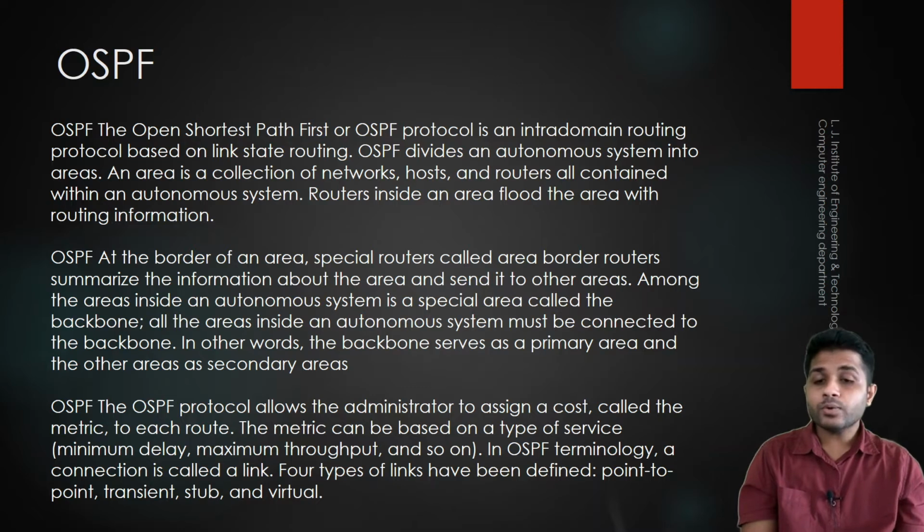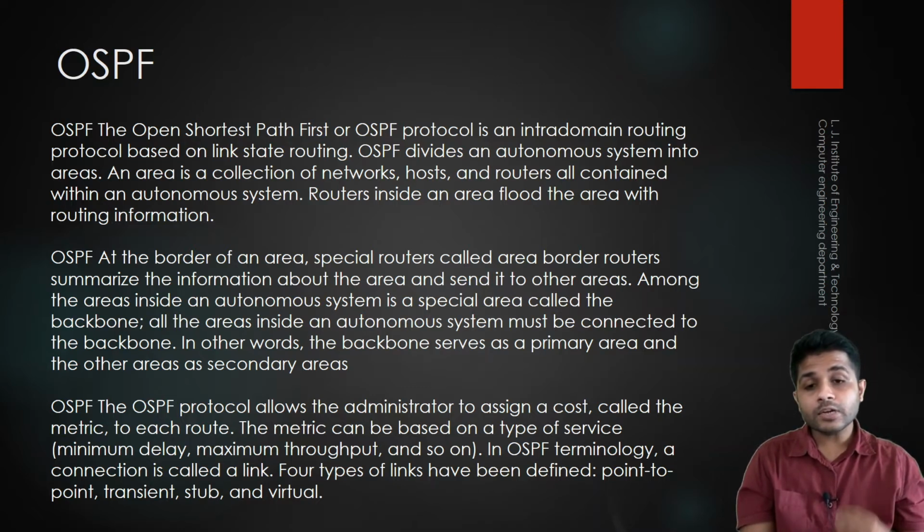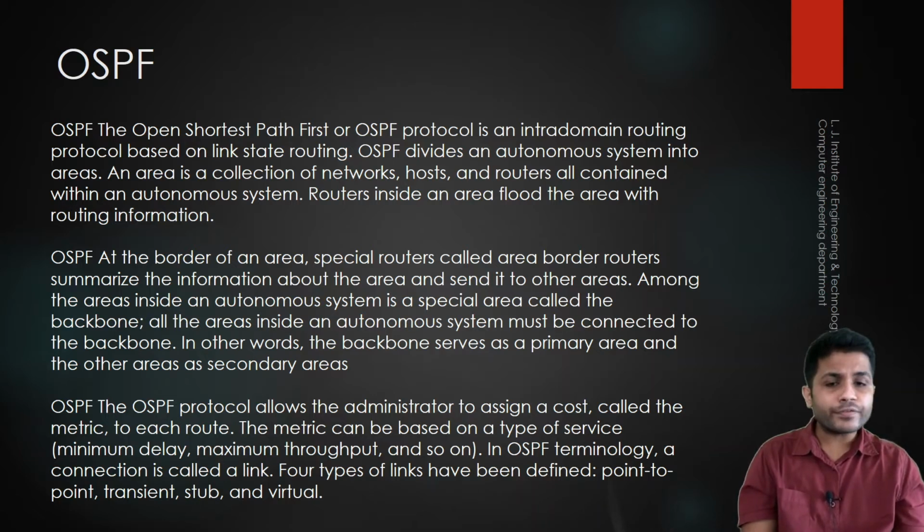Routers which are present in the area will broadcast the data to all the routers because these routers are talking with each other. These routers are sending information to the neighbor routers after some period, let's say every 15 seconds, every 30 seconds, or every 1 minute. Why are they sharing the information? Because the traffic is very dynamic.